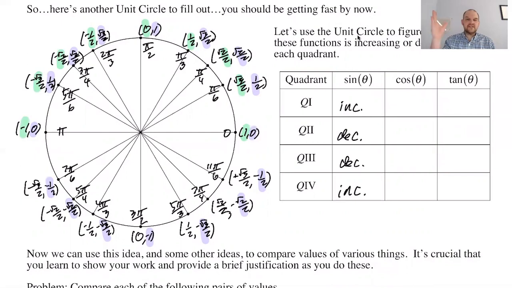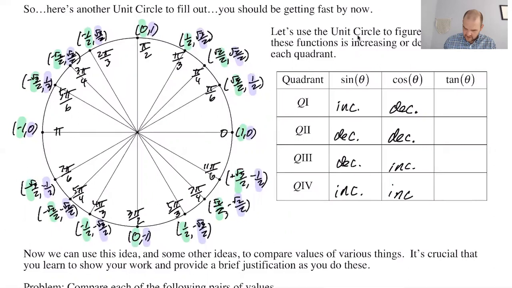So you start at the biggest and you go to the smallest value, which happens at pi, which means in quadrants 1 and 2, we are decreasing. Now we're going to go from the smallest possible value, which is -1, back up to the biggest value, which is +1.